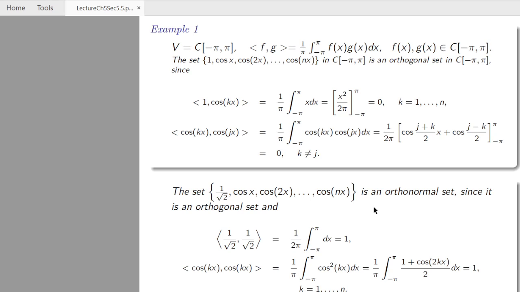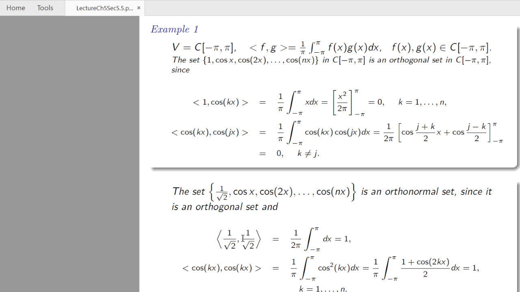Why? First of all, it is orthogonal. We can use the same way to verify. And then what we need to do is look at the norm for each vector. So for the first vector, the function is 1 over square root of 2.